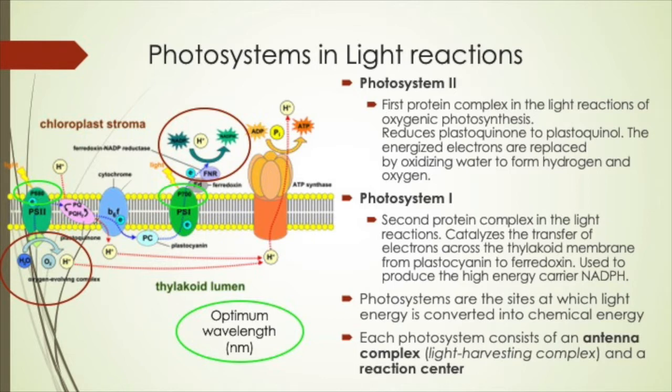So the light reactions involve two different systems, and then what we know as the ATP synthase. So photosystem 2 starts first, and then photosystem 1. And this was just because photosystem 2 was found after photosystem 1. It's a little bit complicated, but you have to realize that photosystem 1 was found first, and then they found photosystem 2, and they couldn't mix up the words.